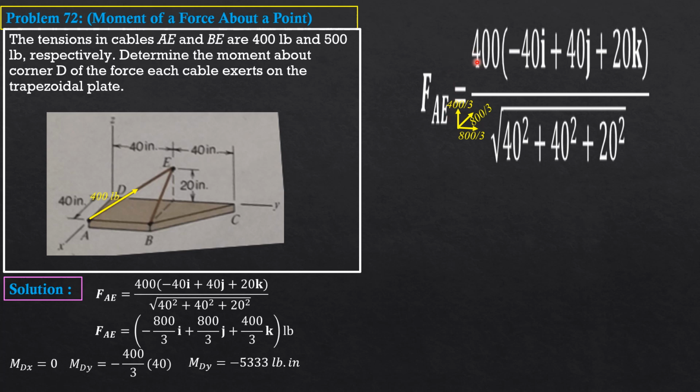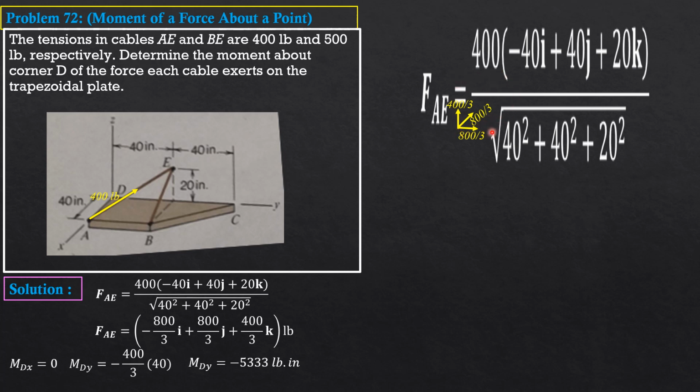Then the moment about dz, the positive sense is in that direction, so 0 passes through dz, no moment because it is parallel to the z-axis. Only 800/3, this one along y, will have a moment about z, and the positive sense is in that direction, the same direction.